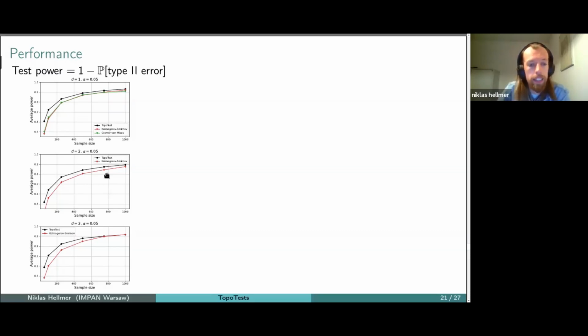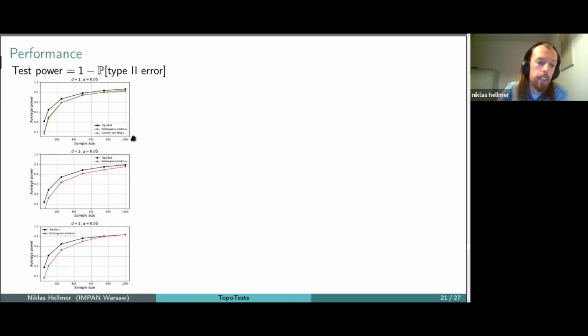Okay, and the red curve is the Kolmogorov-Smirnov test, or its generalizations to higher dimensions, which, as I mentioned, require you to somehow look at all possible permutations of coordinates. So this is computationally quite expensive, and it also performs worse than ours. And maybe it's surprising that already in one dimension, where you would not imagine or expect topology to be important, our topology-driven test outperforms this classical method.